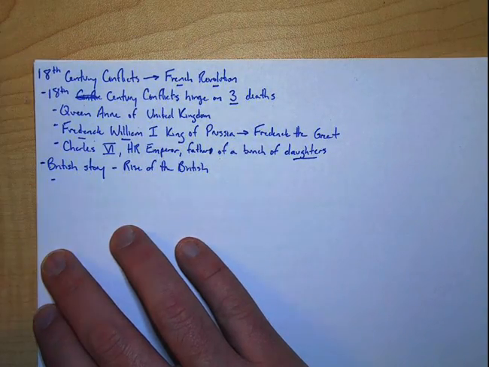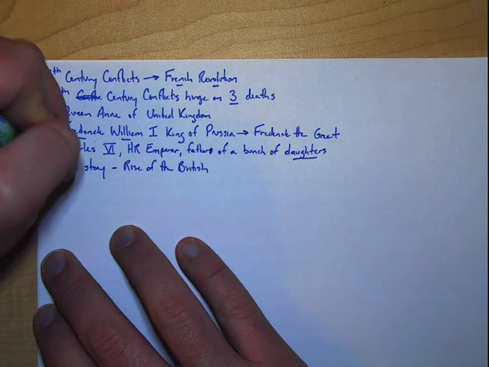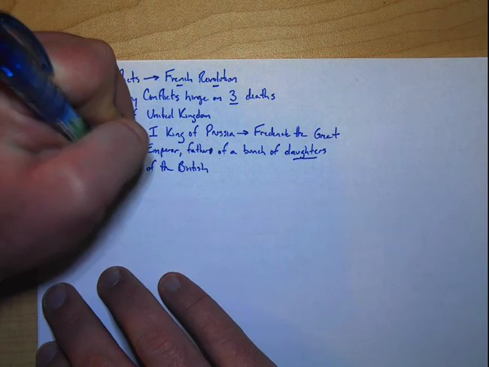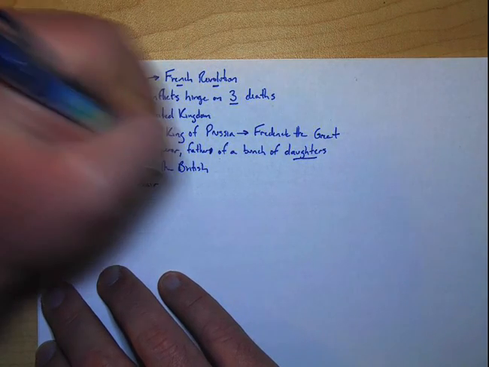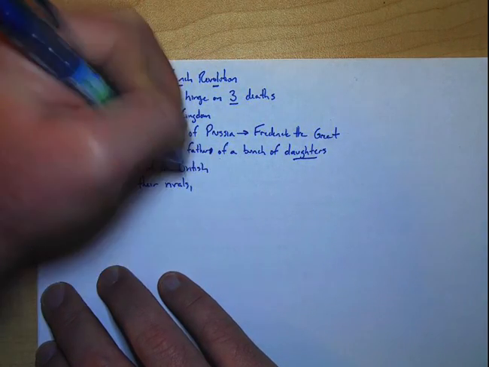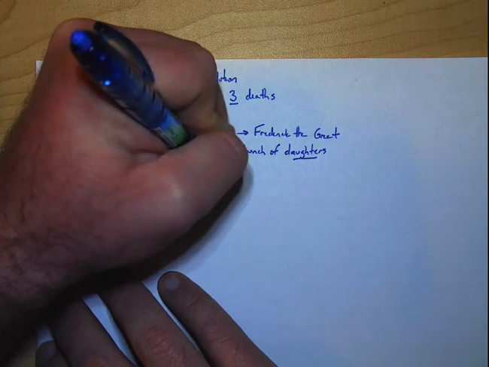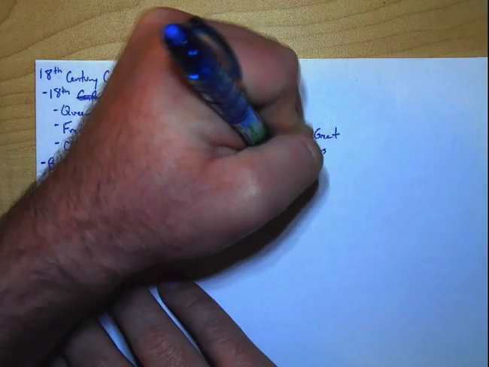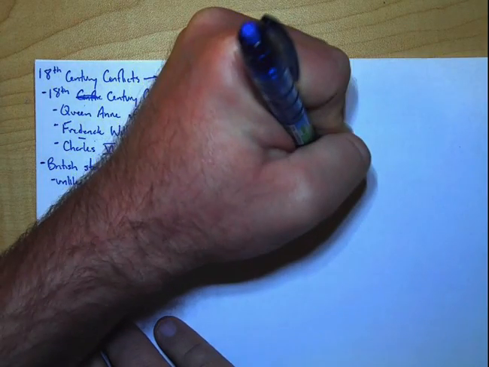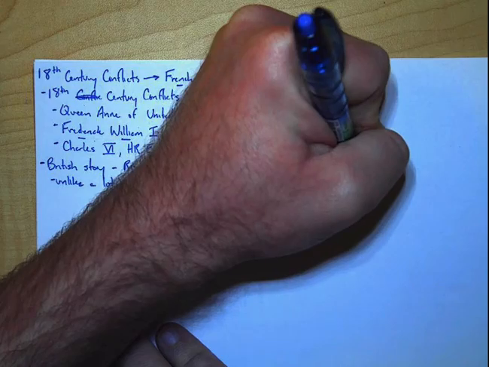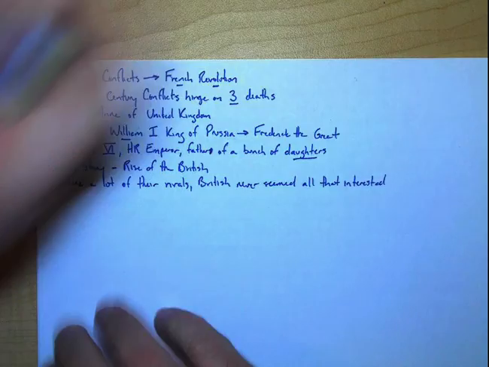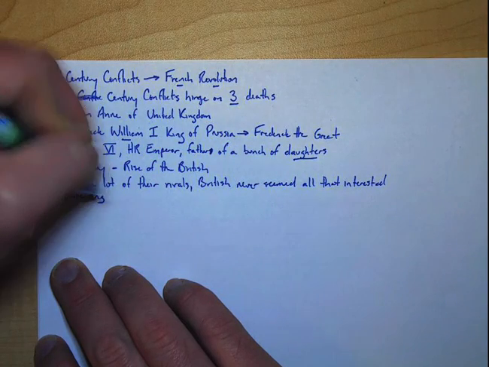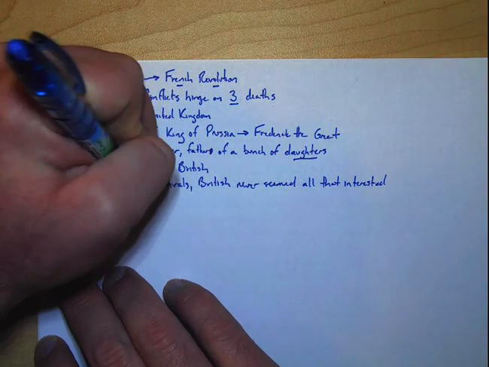So, unlike a lot of their rivals, the British never really seemed all that interested in protecting their dynastic line.